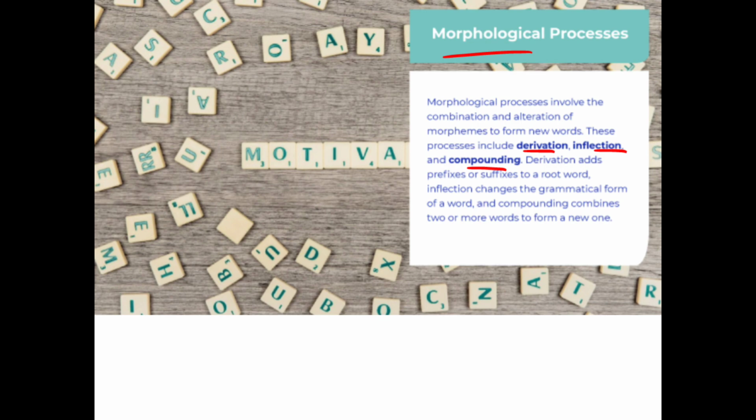If someone asks what derivation is, it's all about adding prefixes and suffixes to a root word. Then we have inflection. Inflection changes the grammatical form of a word. And compounding, you may have studied this in English grammar. Compounding combines two or more words to form a new one.